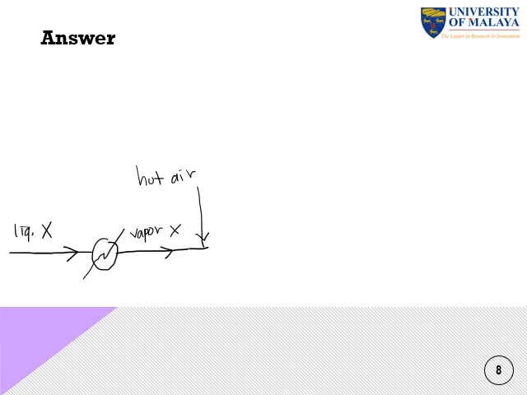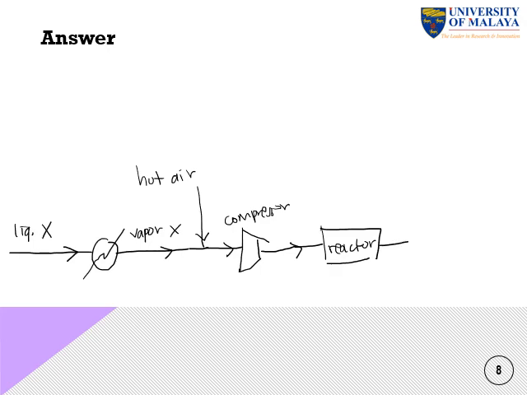So the combined stream is being compressed. Assume this is a compressor. Okay, and then being fed to a reactor. This reactor, the outlet, the reactor effluent, is fed to a flash drum.